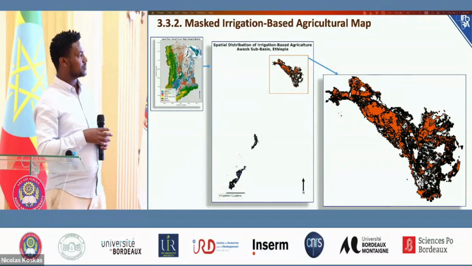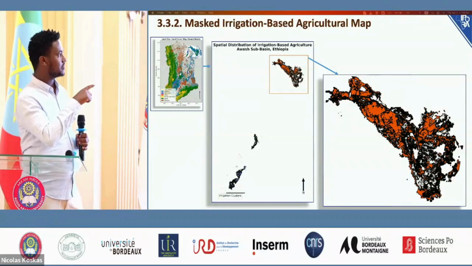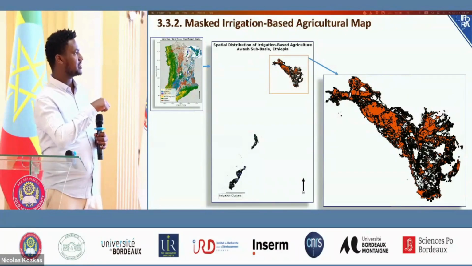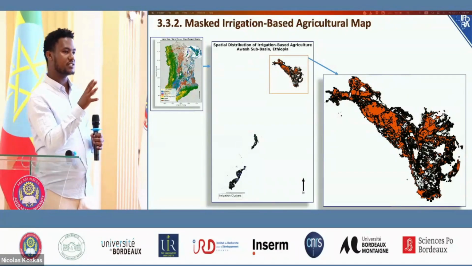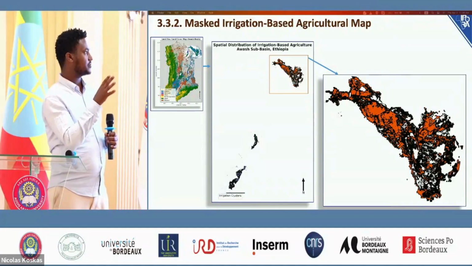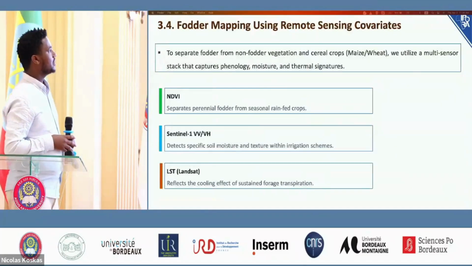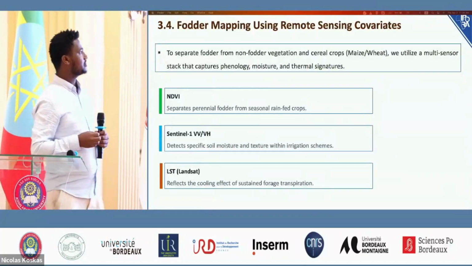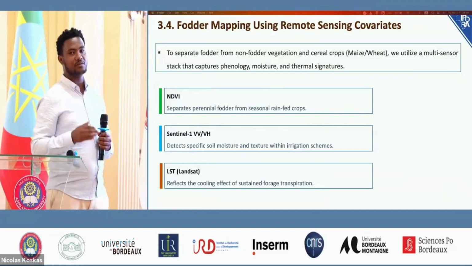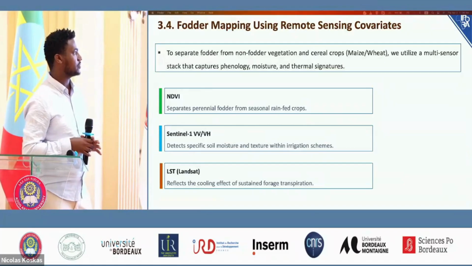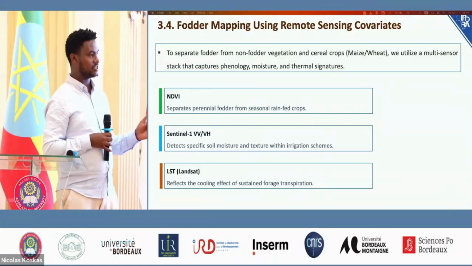For this, we develop a pipeline using Earth observation and machine learning to detect fodder and separate fodder crops from other cereal crops. For mapping this fodder, we are using different types of remote sensing covariates, like normalized difference vegetation indices.